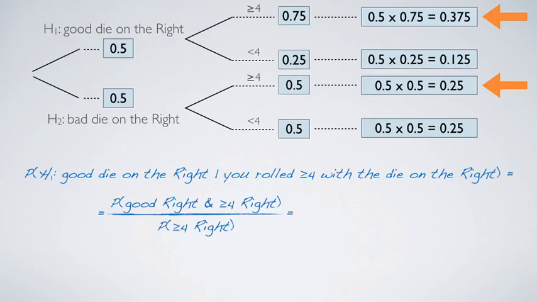The joint probability is the probability that we're grabbing from the first branch, the 37.5%, and the marginal probability of rolling a number greater than or equal to 4 is simply the 0.375 plus the 0.25. You may be rolling a number greater than or equal to 4 with the die on the right hand because it was the good die or because it was the bad die.